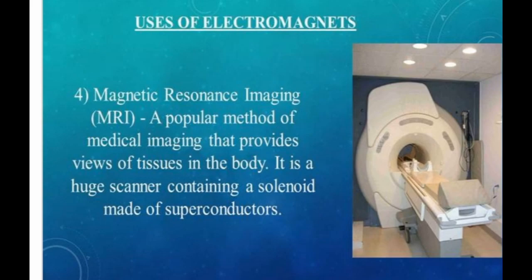This diagnostic medical imaging technique was developed by P.C. Lauterbur and Peter Mansfield. They got the Nobel Prize for this technique in 2003. This technique has allowed visualization of the heart and brain with anatomical details at any angle and direction. So this is one of the important things which we have developed.